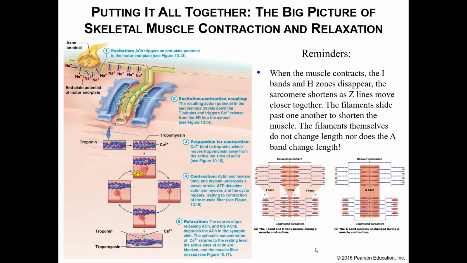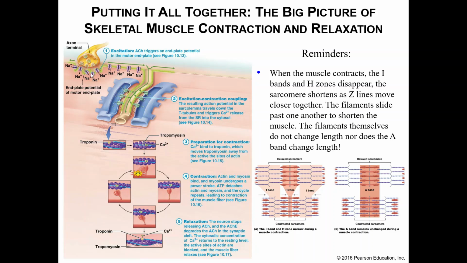It's okay. All right, putting it all together. Excitation: we took an action potential from the nervous system. The calcium that entered the axon terminal caused acetylcholine release. Acetylcholine binds to ligand-gated sodium channels, which creates end-plate potentials.